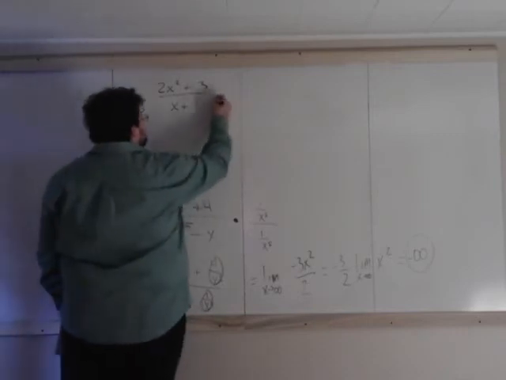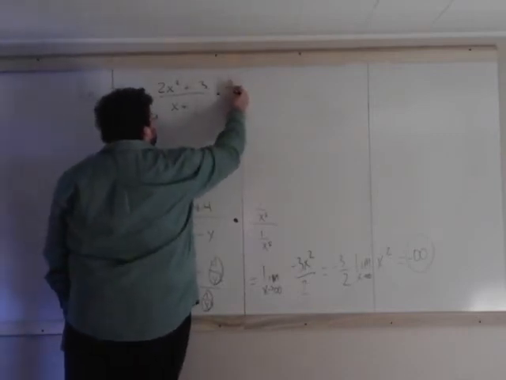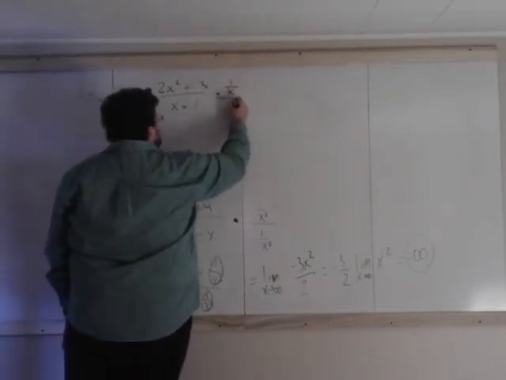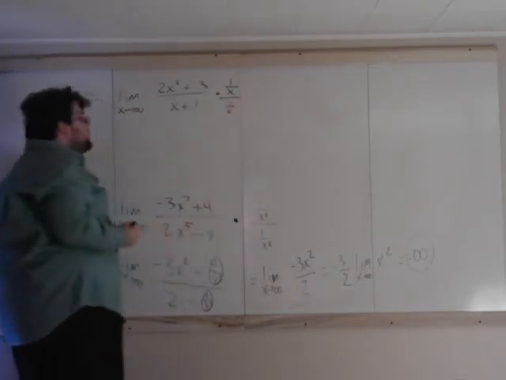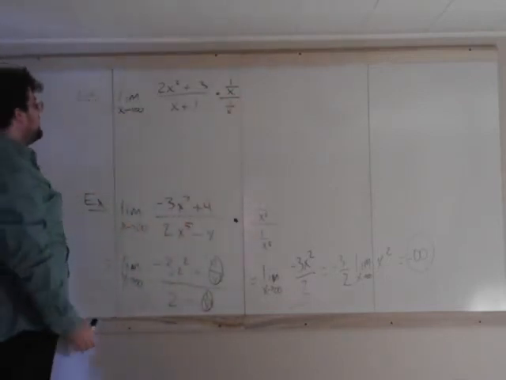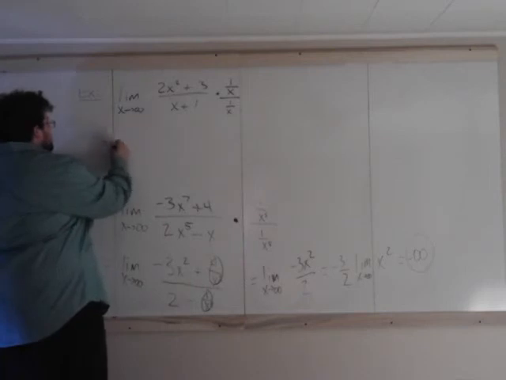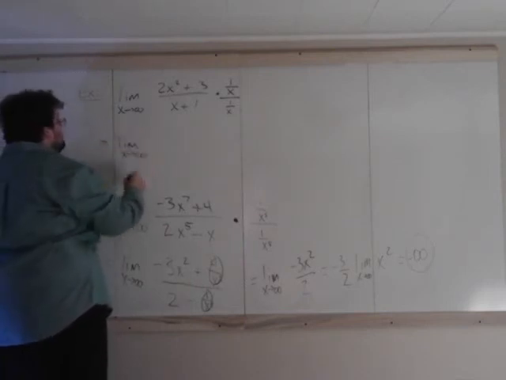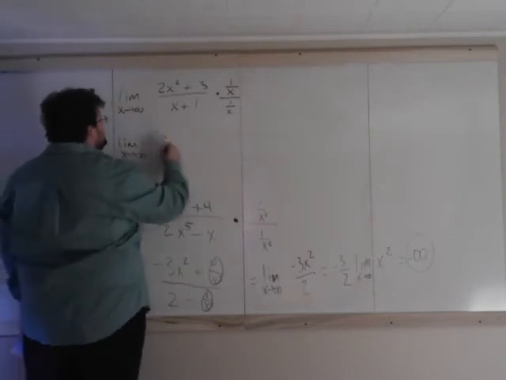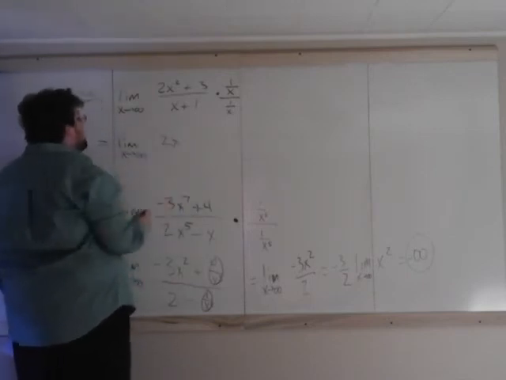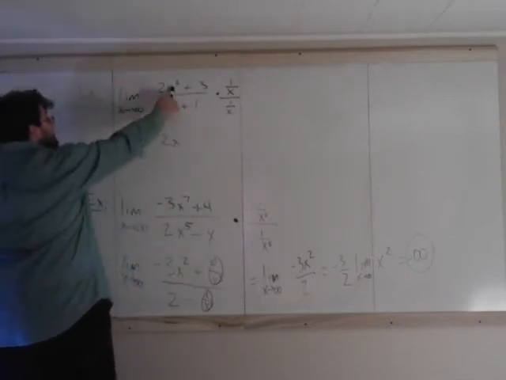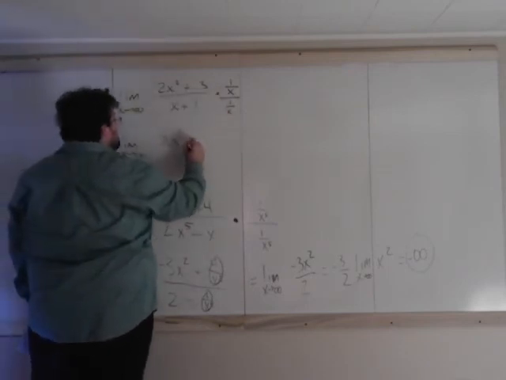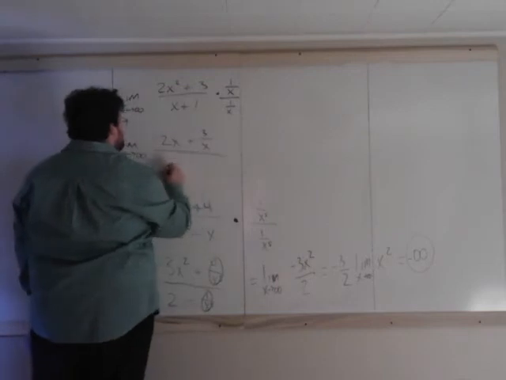The degree on the bottom is 1. So we'll multiply everything by 1 over x. Divide everything by x. Do that on top, you get 2x, because 2 x's are on top and 1 on the bottom, so 1 will go away. Plus 3 over x, all over 1 plus 1 over x.